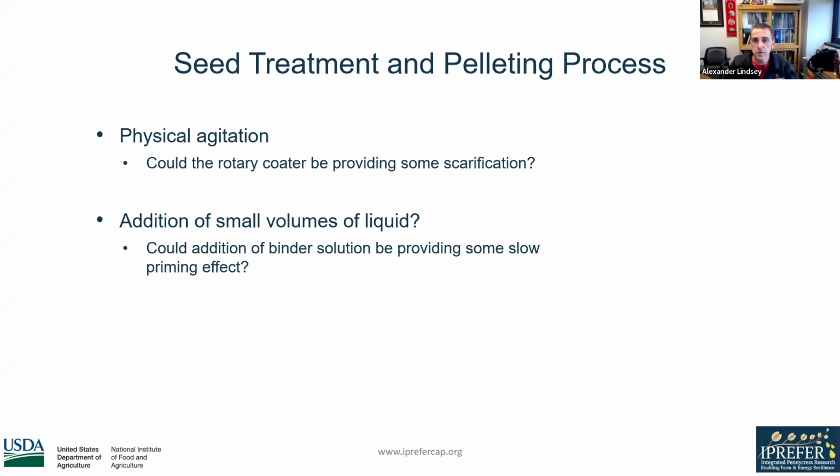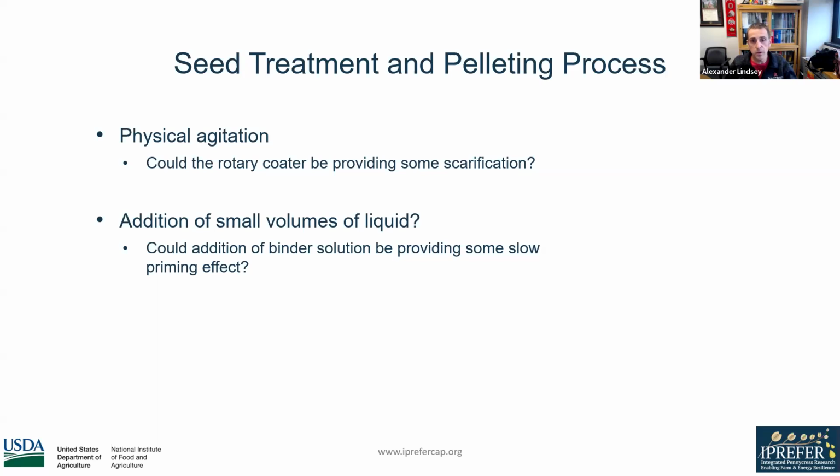For seed treatment and pelleting, we're really looking at 2 different components. Physical agitation of the seeds could be improving germination by providing some sort of scarification. Again, going all the way back to 2020, scarification did improve germination marginally in some of our pennycress lines. So could this be contributing to our overall gains in germination?